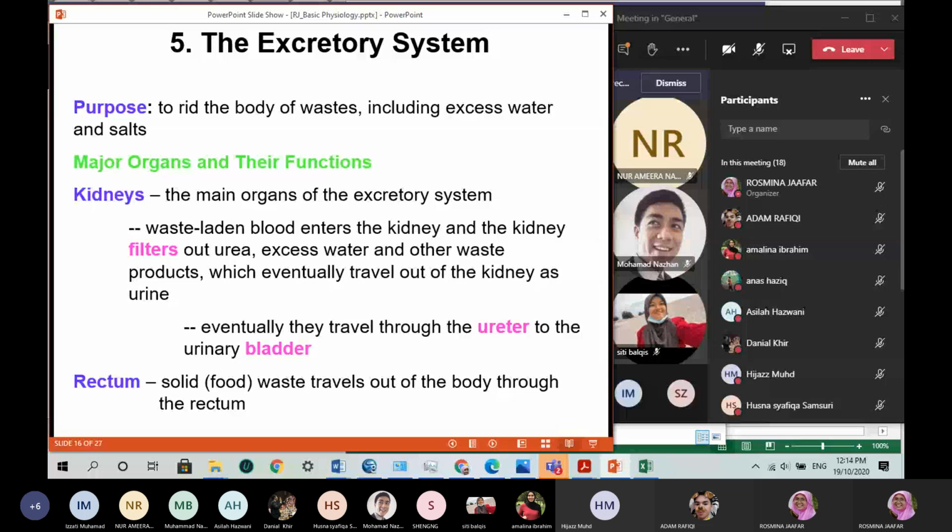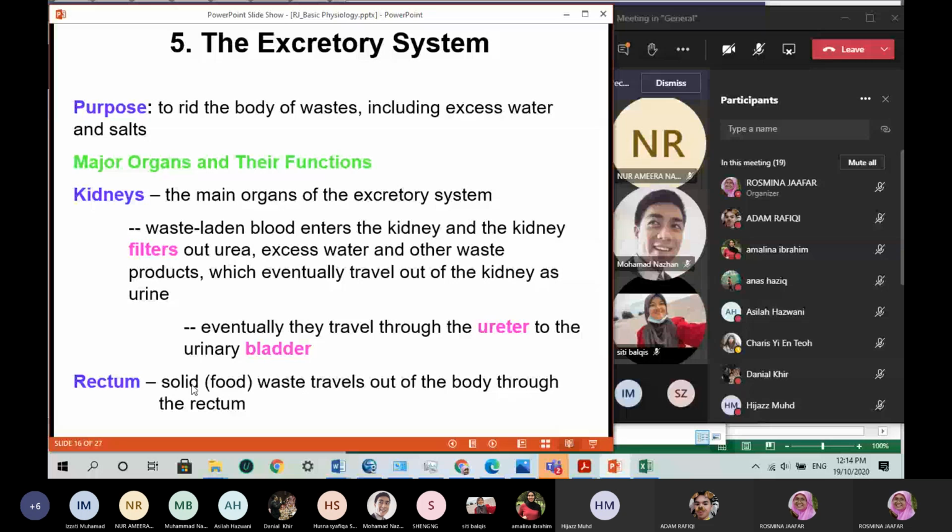In this diagram, the rectum is not seen here. It only shows the kidney, bladder. At the back, there will be the rectum for solid waste. The rectum is very small. It's not very clear here.